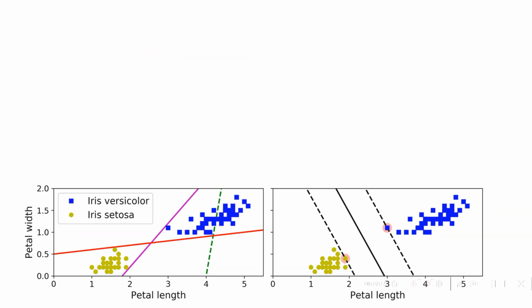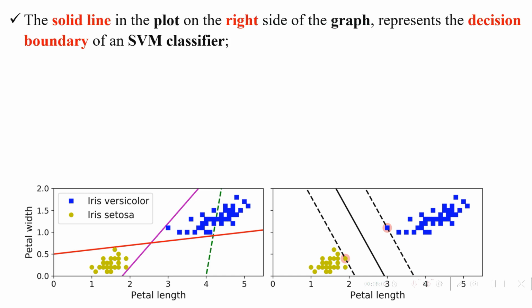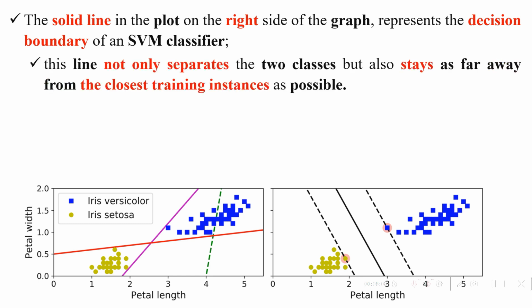So that's why we are going to use another technique called linear support vector machine classification. We are going to separate the data points into two parts. On the right side of the figure, the thick line represents the decision boundary of a support vector machine classifier.